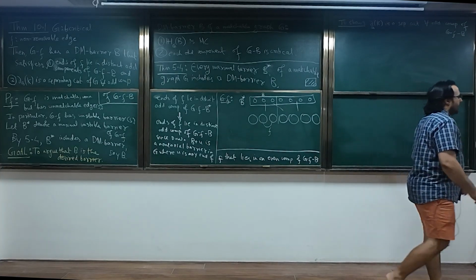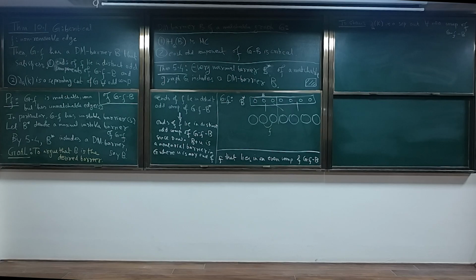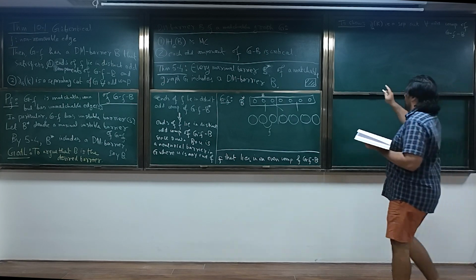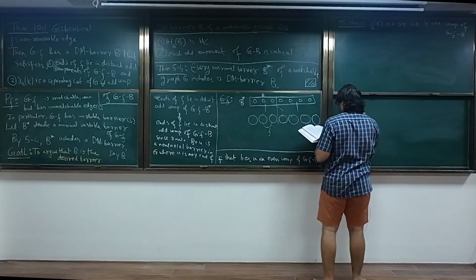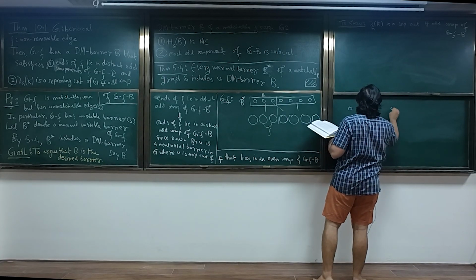Before we do this, let's look at an example where this doesn't happen for an odd component of G minus F minus B star. I'll take this example from Lucchesi-Murthy. They have a nice example. In fact, I want to take a few minutes to spend on examples before we prove this. So here is the example. 1, 2, 3, 4.